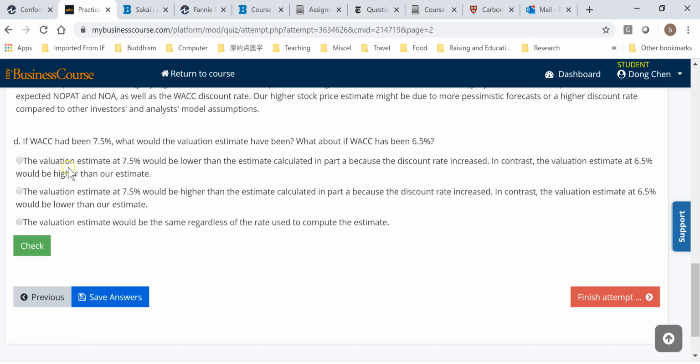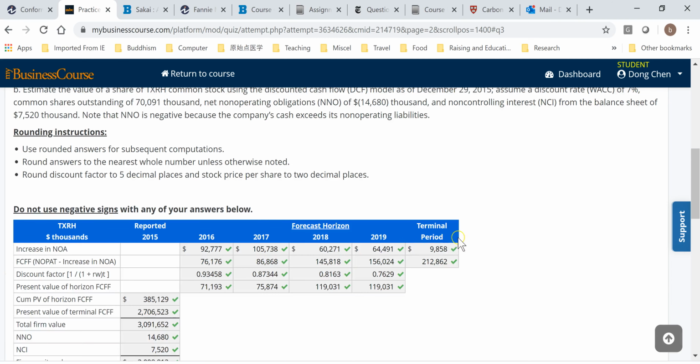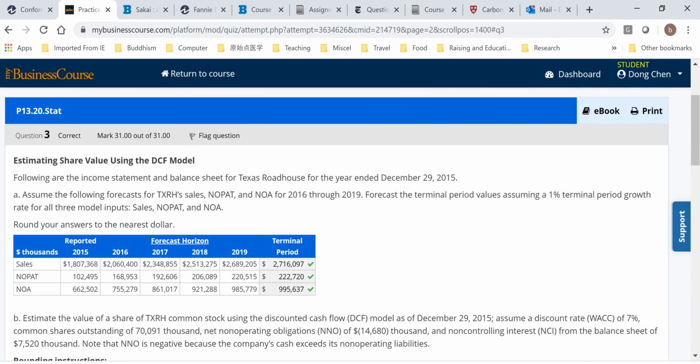The valuation estimate at 7.5% would be lower than the estimate calculated in part A because the discount rate increased. That's correct. In contrast, the valuation estimate at 6.5% would be higher than our estimate, and that's also correct. So we just check, and it turns out all the answers are correct.